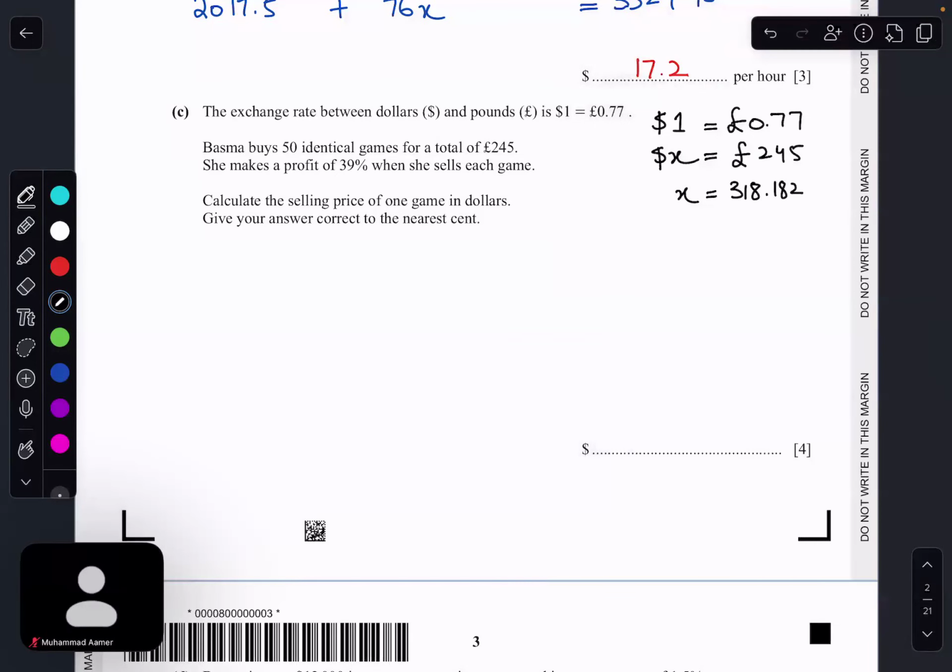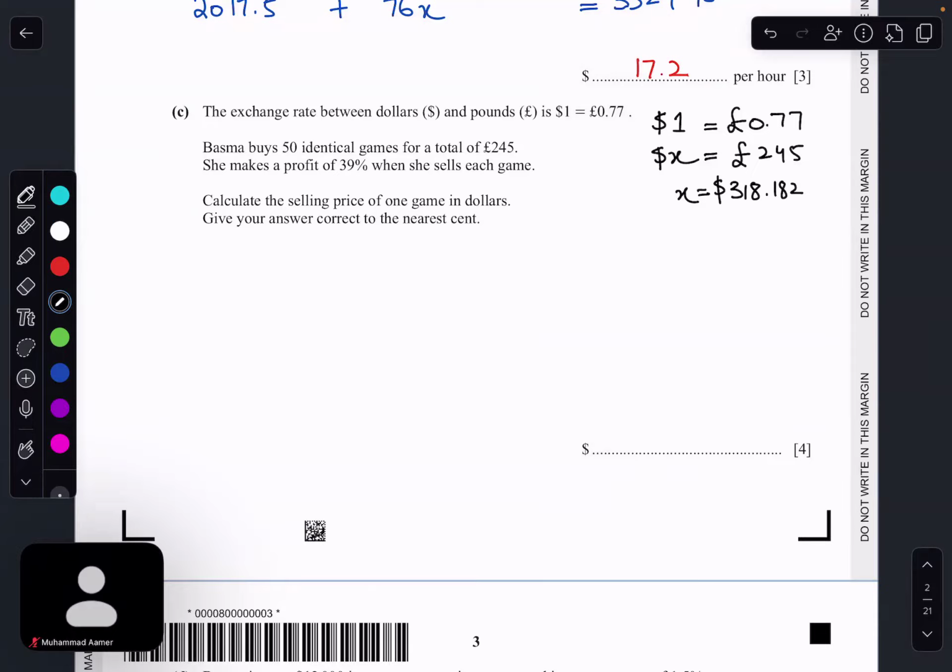318.182. So I've told you people before, when it is not your final answer, you can always take as many decimal places as you can. Okay? Try to take 3-4 decimal places so that the accuracy is there.